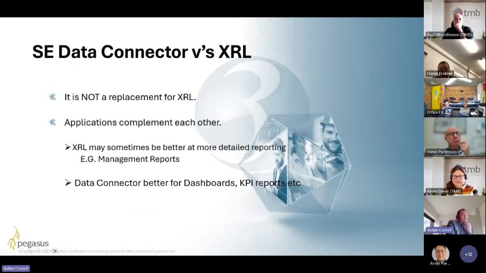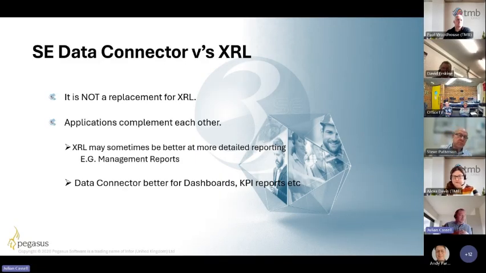So, moving on to Data Connector versus XRL. The first thing people say is that Data Connector is a replacement for XRL. It's not. They complement each other. XRL, as it says on the slide, is sometimes better for more detailed reporting. You can do detailed reporting in Data Connector, but things like management reports, I would probably still do in XRL.